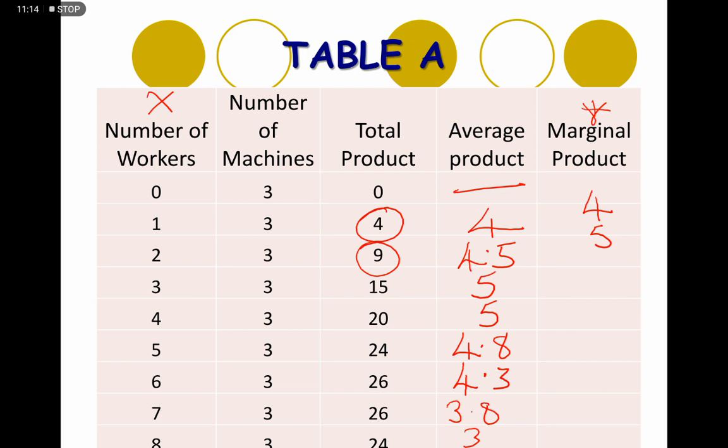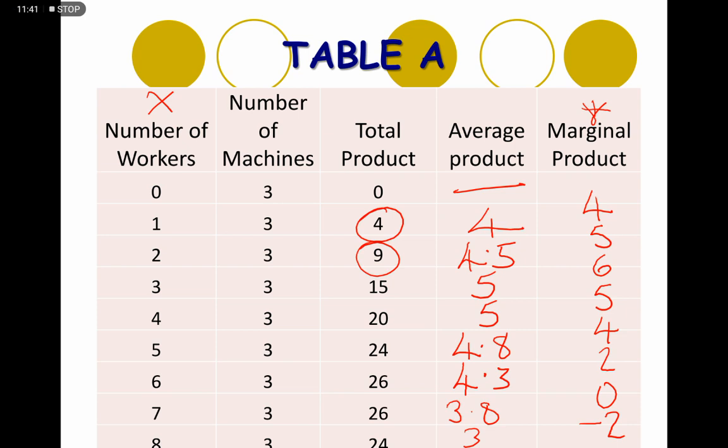The third worker increases total output by 6. And that's the change in total that I've put in that column.